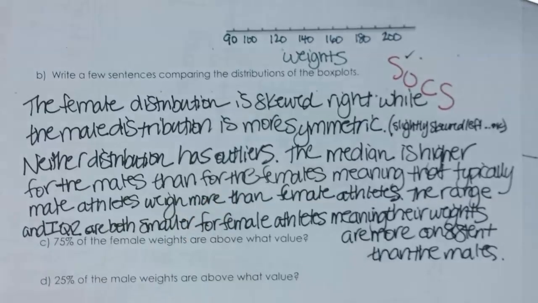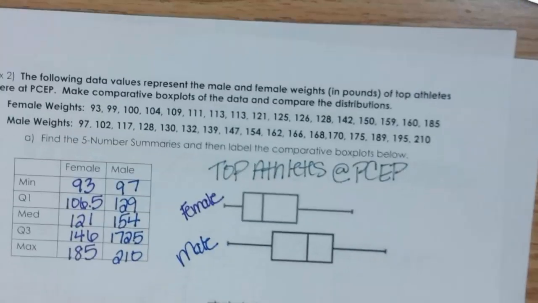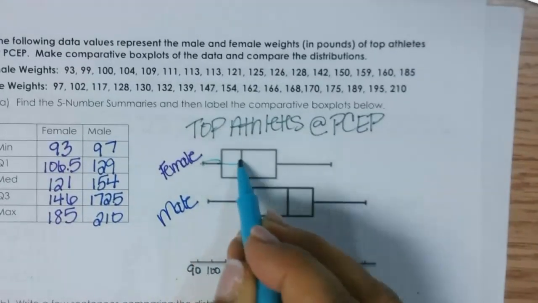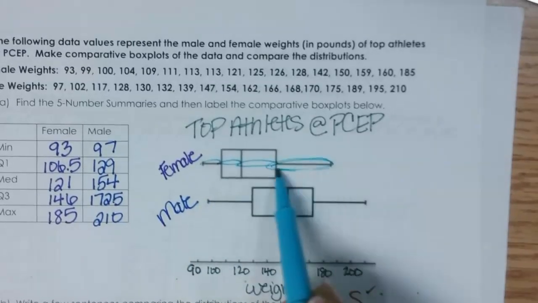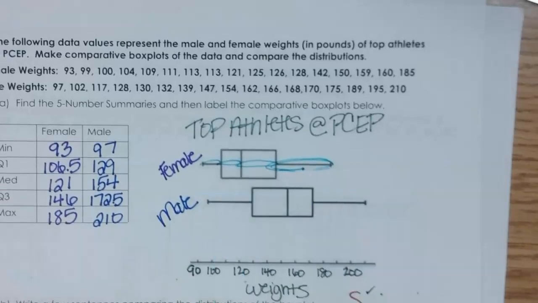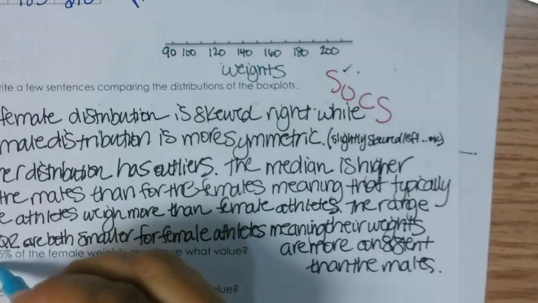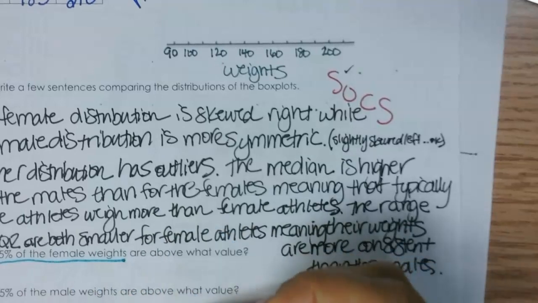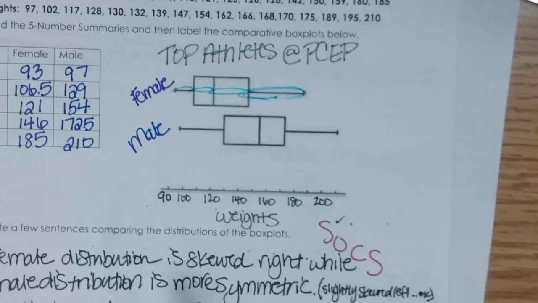One more thing on topic 2. I want to make sure that we understand that when we see the box plots, every single one of these pieces is 25% of the data, regardless of if this is longer or shorter. Each of those is 25%. So letter C says 75% of the female weights are above what value?